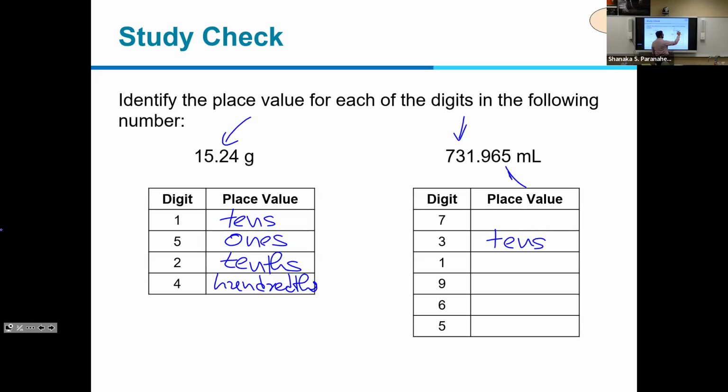What is the place value of 5? And 6 is in the hundreds. 9 is in the tens place. 1 is in the ones place. 7 is in the hundreds place.